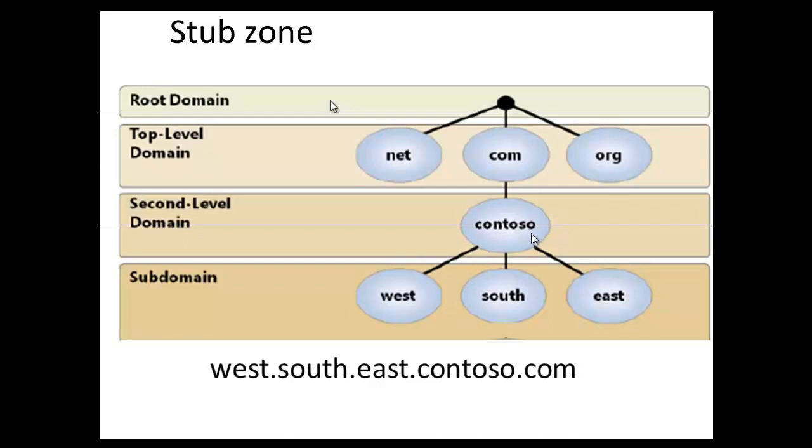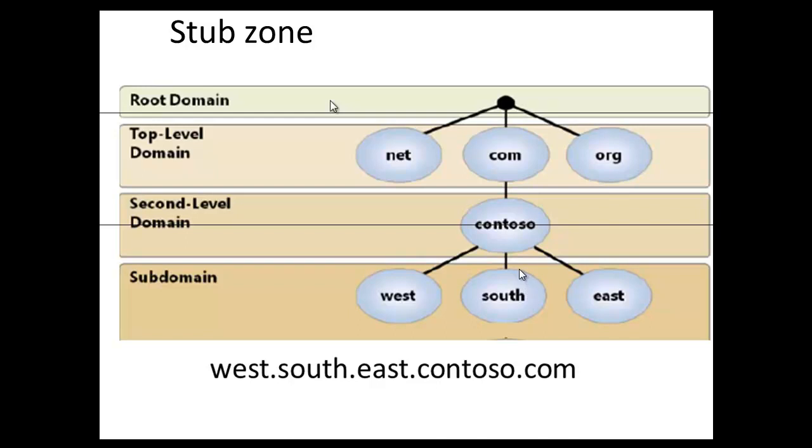So if the stub zone for a child zone is hosted on the DNS server for the parent zone, the DNS server hosting the stub zone, which will be Contoso, will receive a list of all new authoritative DNS servers for the child zone when it requests an update from the stub zone's master server.